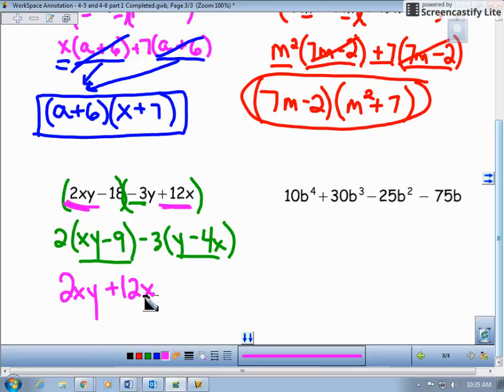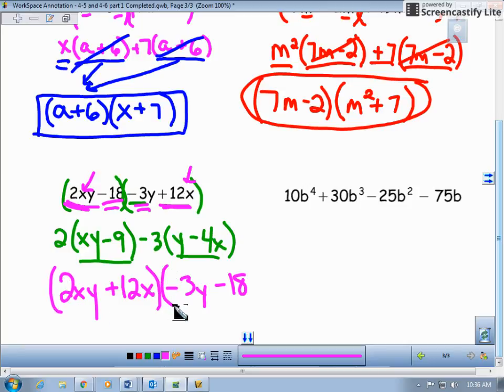And I'm going to do that, guys, because they both have an x. That makes me think that maybe that might be smart to group them together. Plus, I can get a 2 out of both of those, which leaves me left with the -18 and -3y. And I'll put the y first, then the -18, because we're used to putting that variable first.